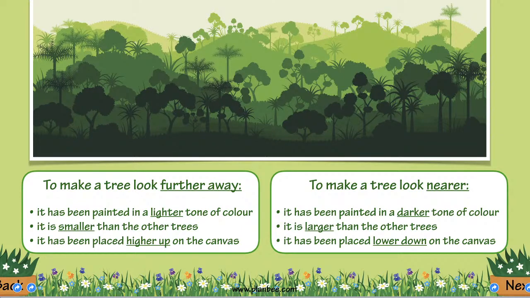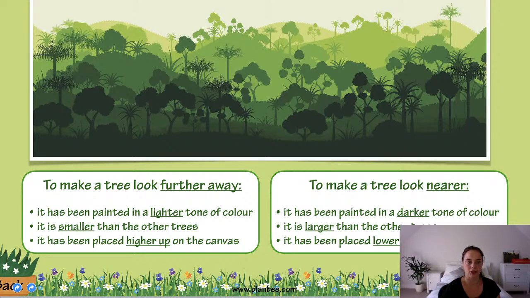It is larger than the other trees and it has been placed lower down on the canvas. So if you imagine you're standing there right at the front of those trees and you're looking out at this landscape, then you will see all those trees closer together to you, right at the bottom there, and as it goes further away, you're seeing all the other trees, all those lighter trees at the back.